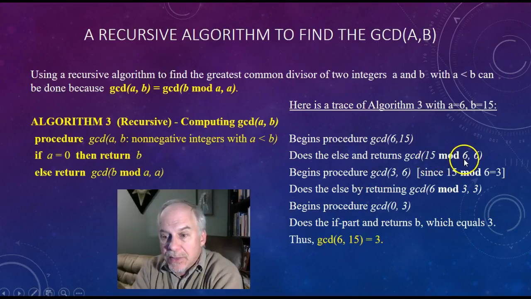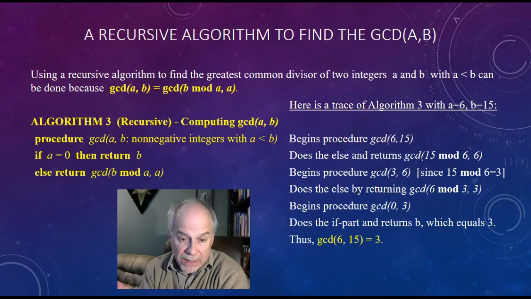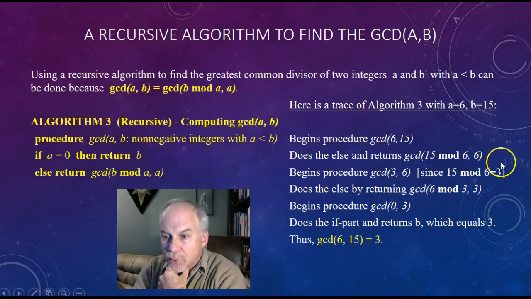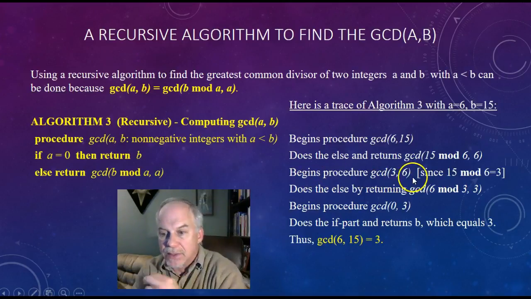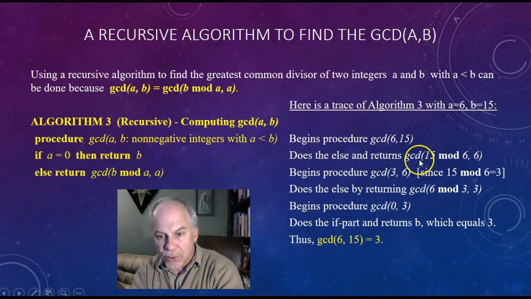So it does 15 mod 6. Now, what's the remainder when you divide 15 by 6? Well, 6 goes into 15 twice with a remainder of 3. So that is going to use 3 now. So now it begins the procedure because we're calling into action the procedure, but using 3 and 6 instead of 6 and 15.